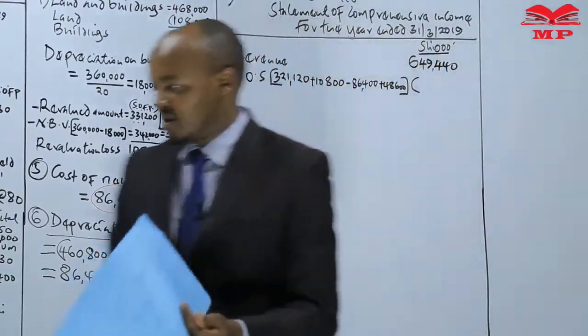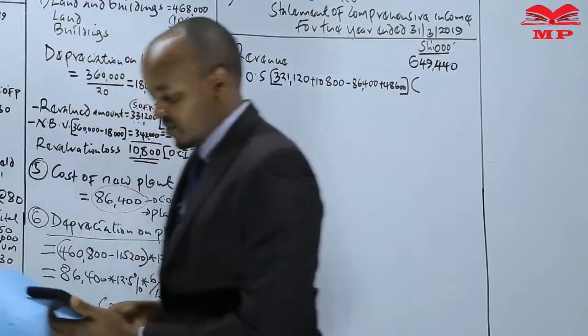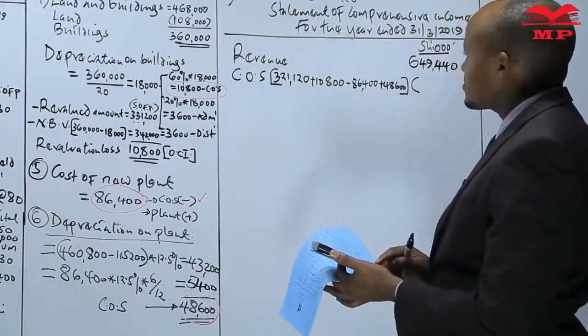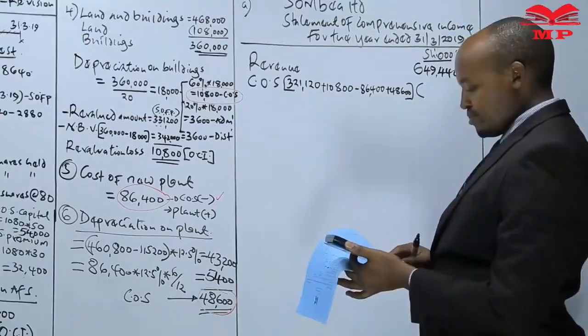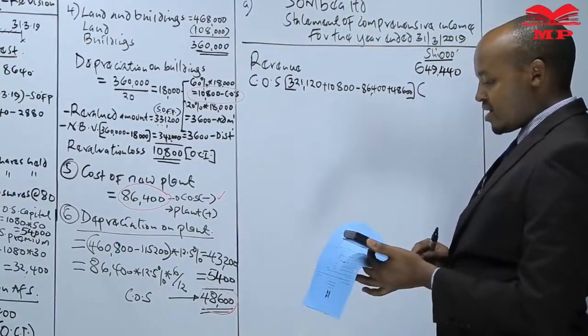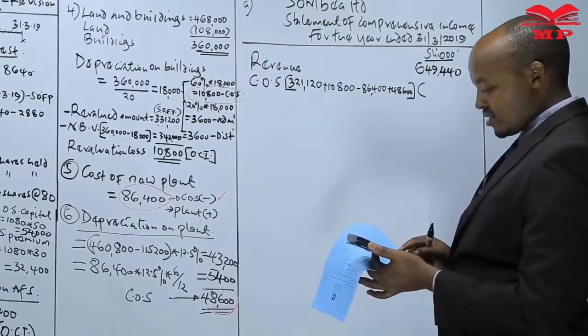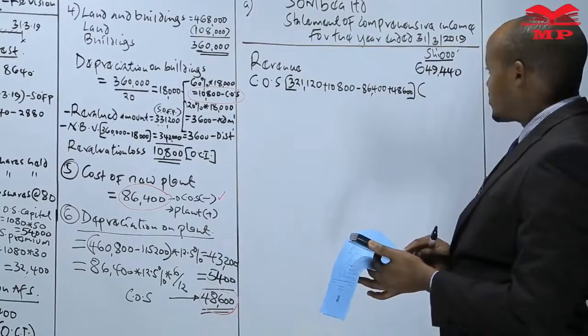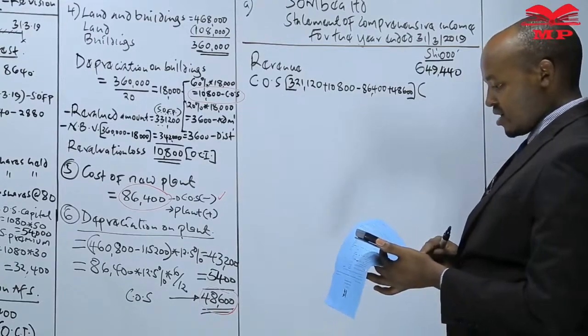So let's compute that amount. We have 321,120 plus 10,800 minus 86,400, and then plus 48,600.